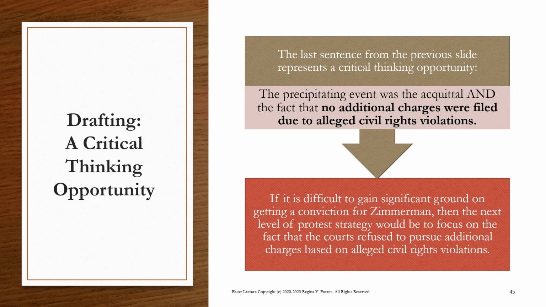So, critical thinking opportunity. The last sentence from the previous slide represents a critical thinking opportunity. So, the fact that there was an acquittal and no additional charges due to alleged civil rights violations. If it is difficult to gain significant ground on getting a conviction for Zimmerman, then the next level of protest strategy would be to focus on the fact that the courts refused to pursue additional charges based on alleged civil rights violations. So, in other words, if you can't get Zimmerman on the federal part, maybe you can get him on the civil part, and then that sort of brings civil under state law.